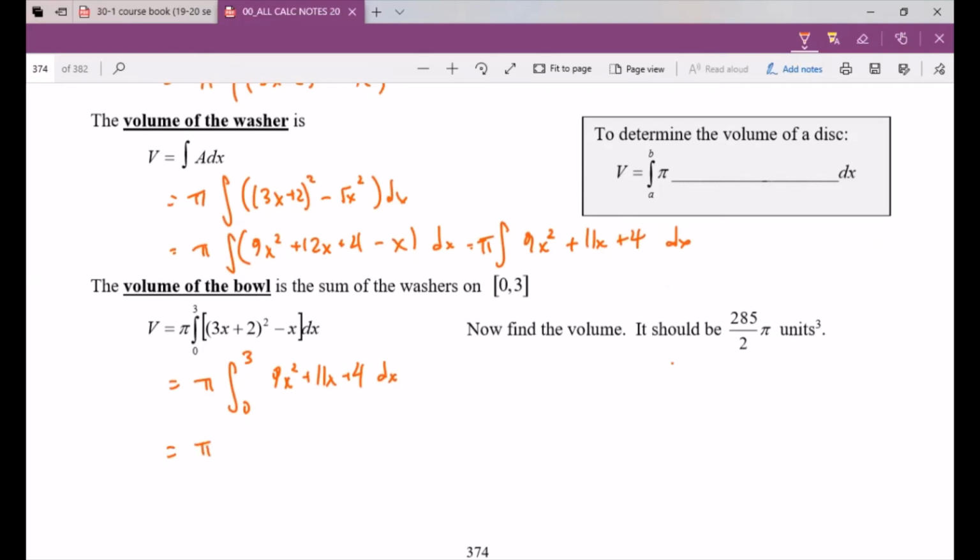It ends up being pi times 9x cubed over 3 plus 11x squared over 2 plus 4x. This is evaluated from 0 to 3.